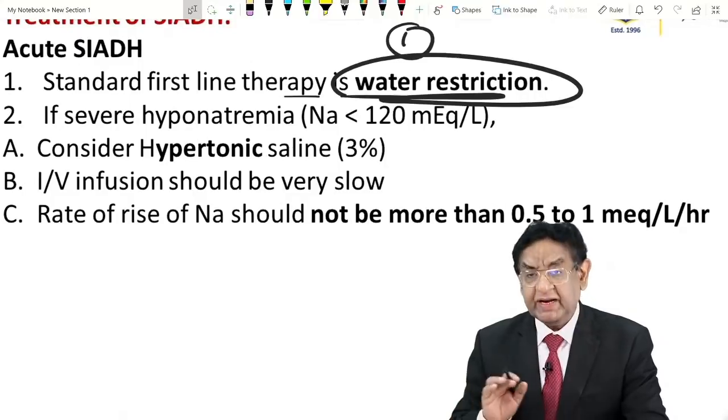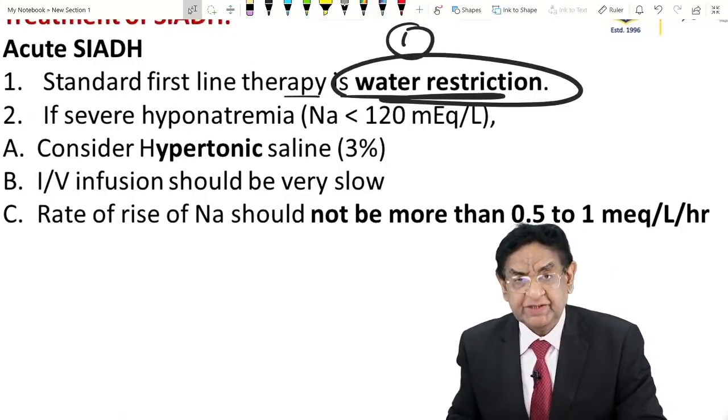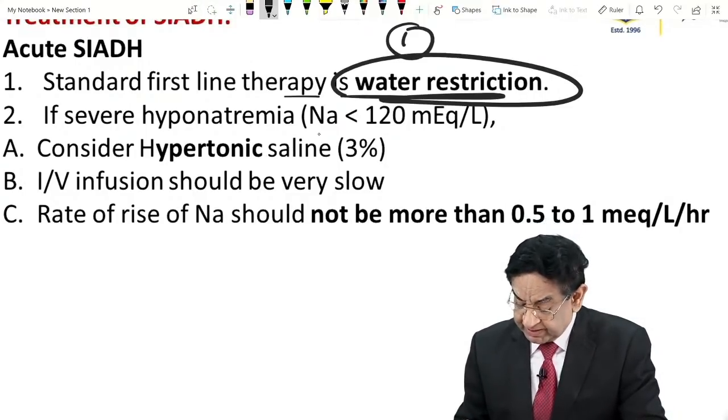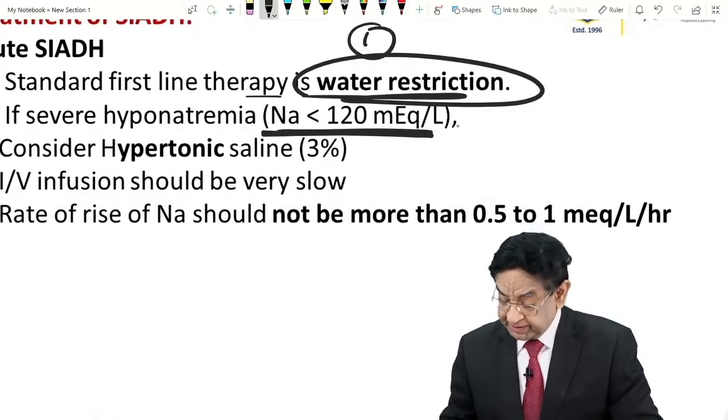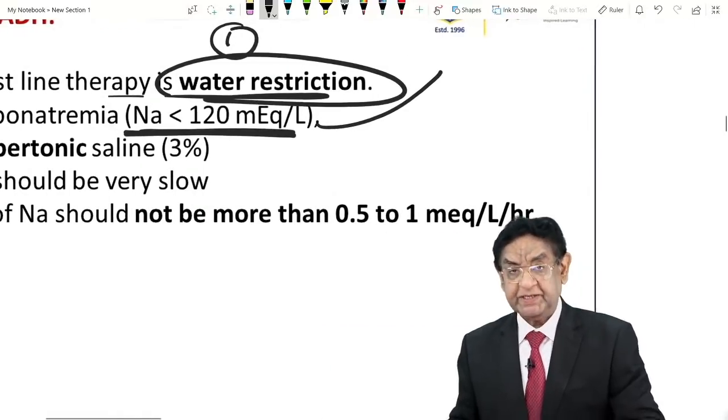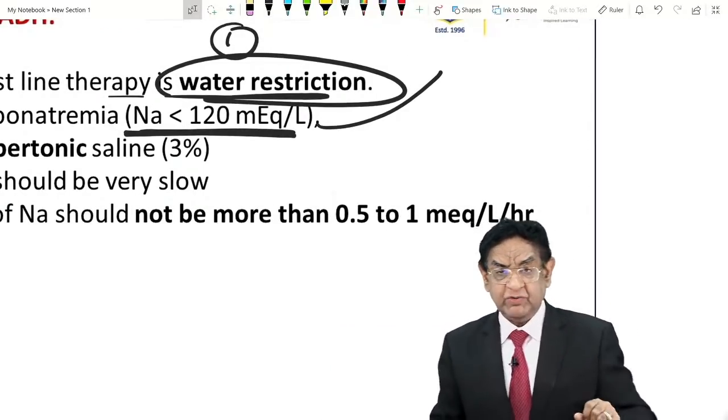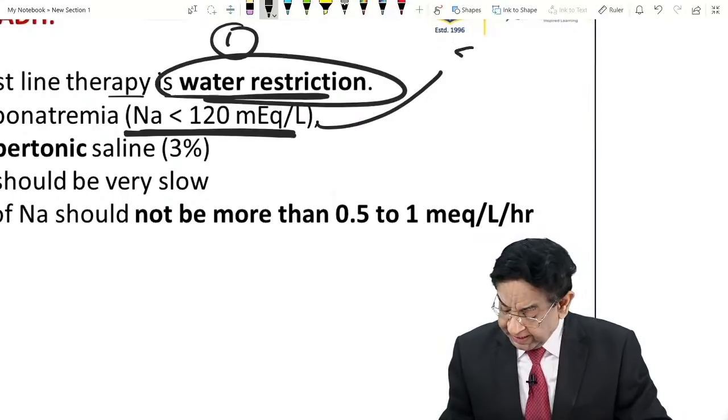But severe hyponatremia, what is the definition of severe hyponatremia? If it is less than 120. When the patient goes to that level, 120, they usually have symptoms.